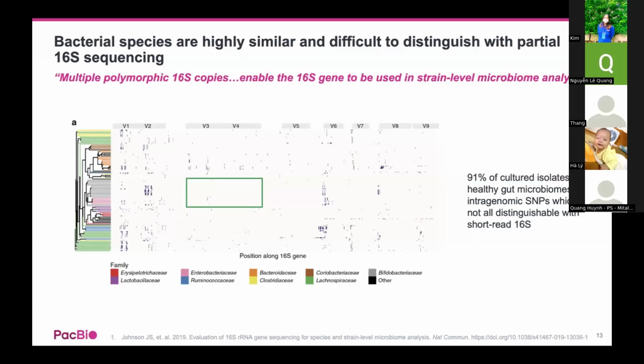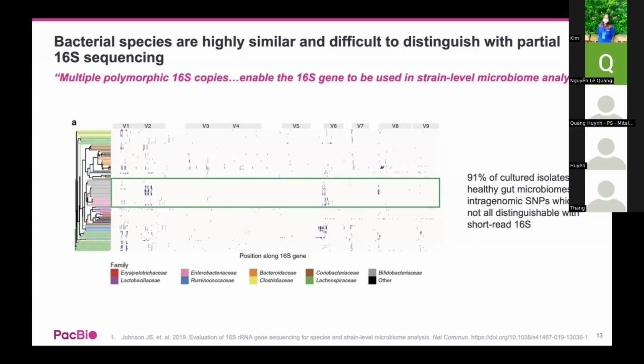As you know, short-read 16S sequencing looks at only the V3 to V4 region. They found that 91% of cultured isolates are not distinguishable because of intragenomic SNPs. But on the contrary, full-length 16S with HiFi sequencing can provide a wider range of polymorphisms for species and strain level identification.